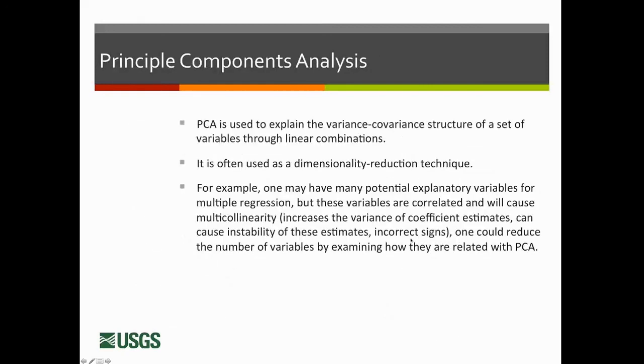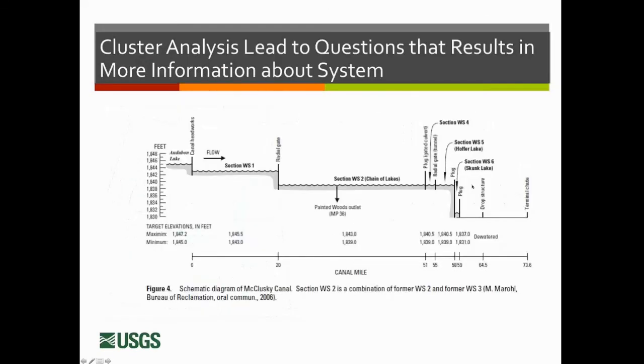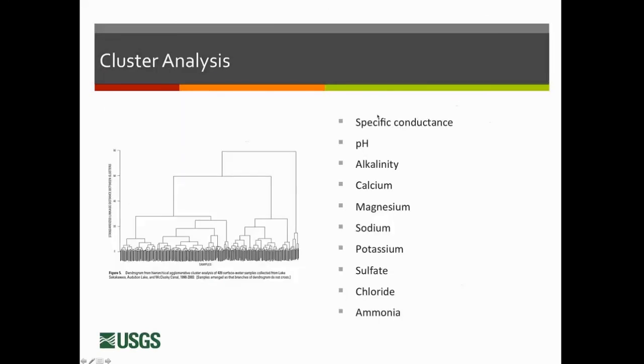So one other brief topic that's common in multivariate statistics is principal components analysis. PCA is used to explain the variance-covariance structure of a set of variables through linear combinations. If I have data like all of these variables, some of these, as we saw in the pairs plots earlier for a different sample, are highly correlated.